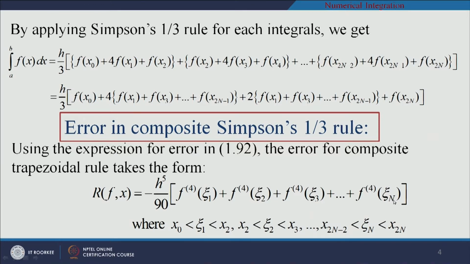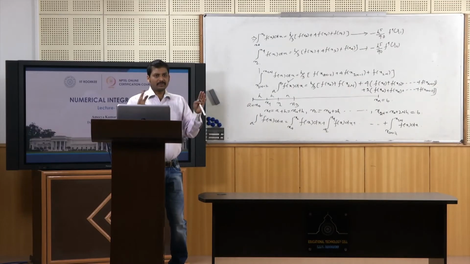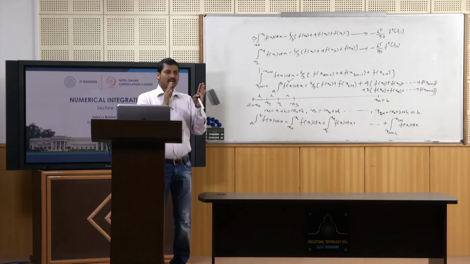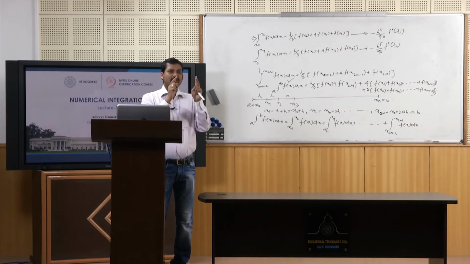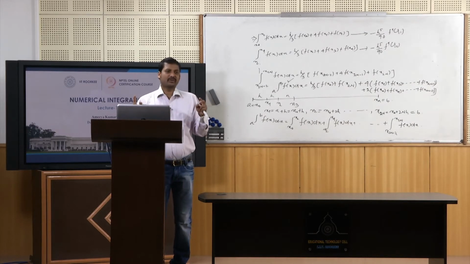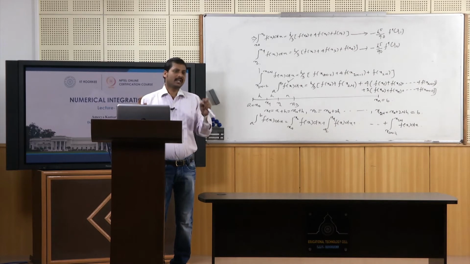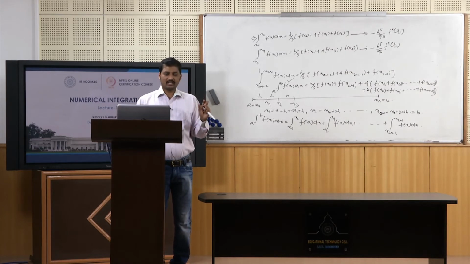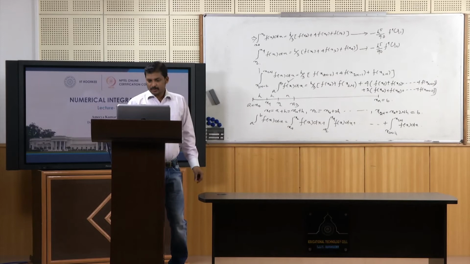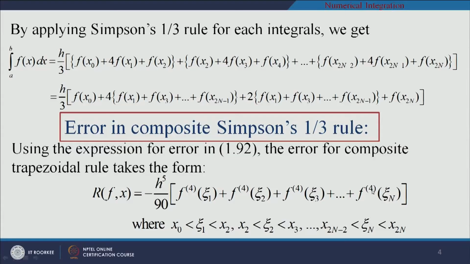Since we are dividing these 2n plus 1 points into 2n intervals, and within twice the interval, like 2 sub intervals, we get one error term. So the total number of error terms will be n, and that is why the last error term comes as f to the power 4 of zeta n here.